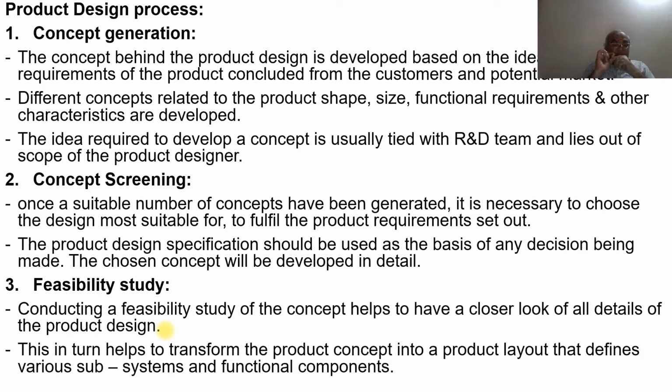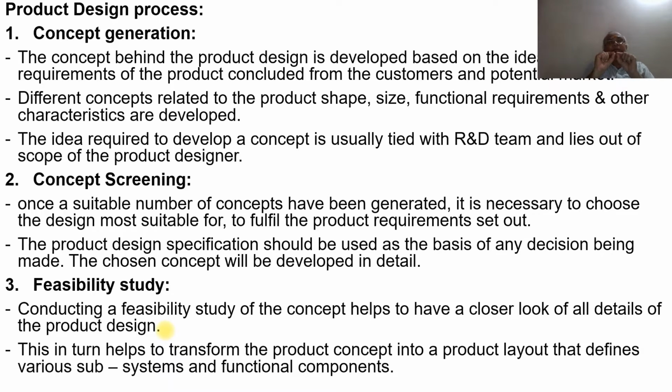This in turn helps to transform the product concept into a product layout that defines various subsystems and functional components. That means once you have a feasibility study, we are looking into the interior details of the product design.